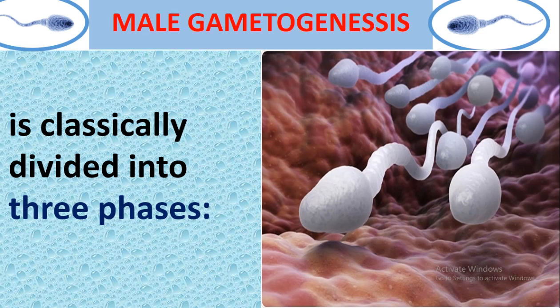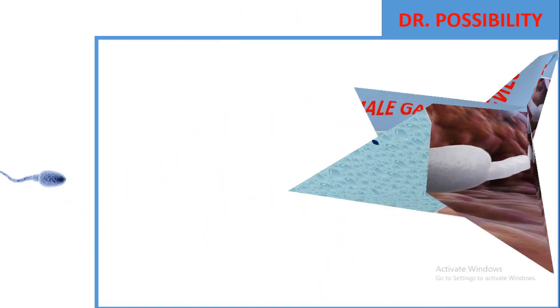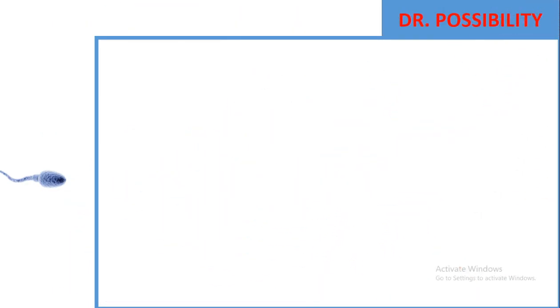We also have the third one, which is spermiogenesis. So let's quickly look at the individual phases.